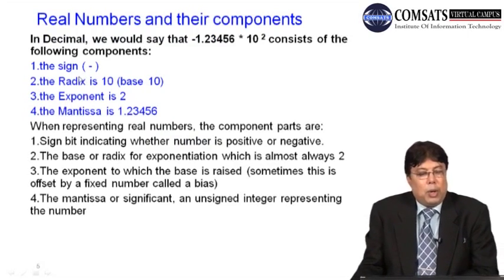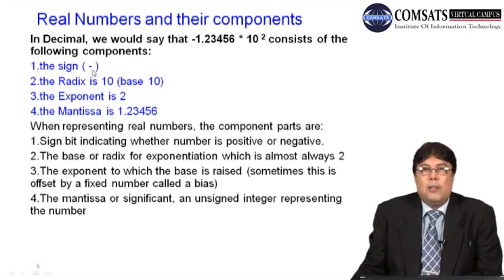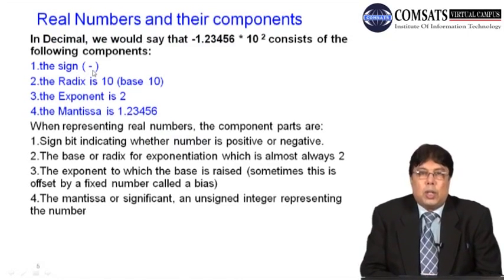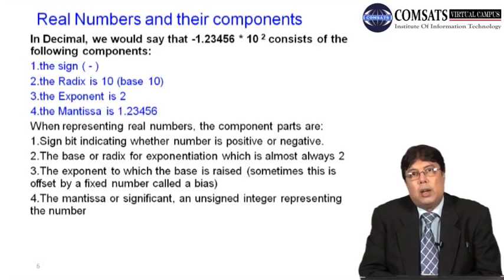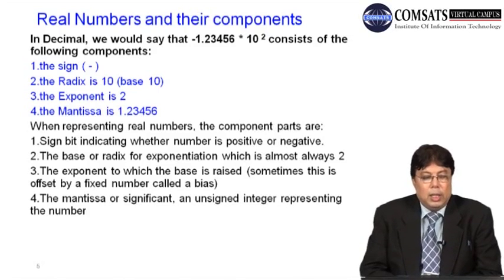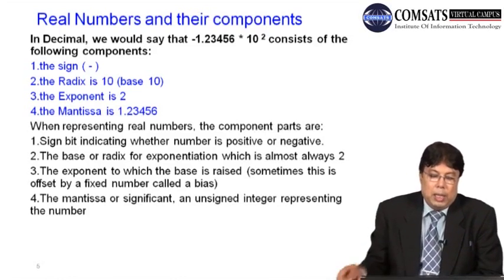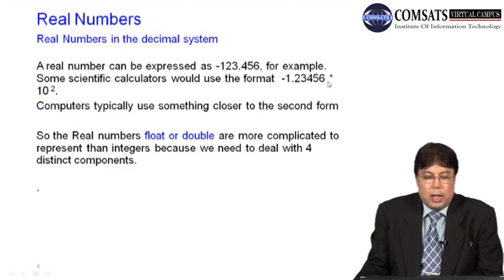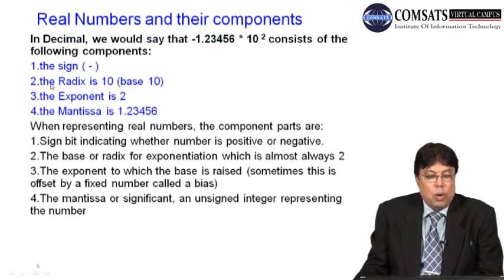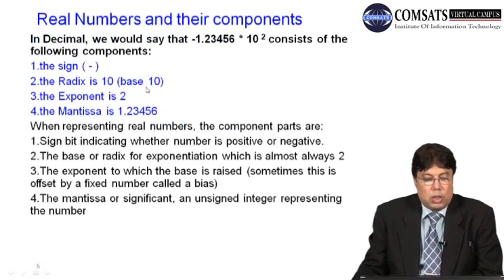Number 1 is the sign, whether the number is negative or positive. It means that you are bound to reserve 1 bit that takes care of the negative number. Then the radix. What is the base? In the previous example we have seen that the radix was 10. So we need to determine what the radix is, and in this particular case it was 10.